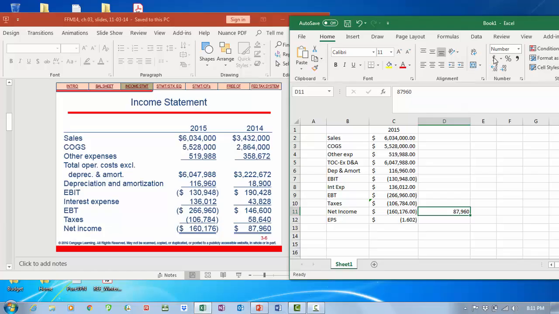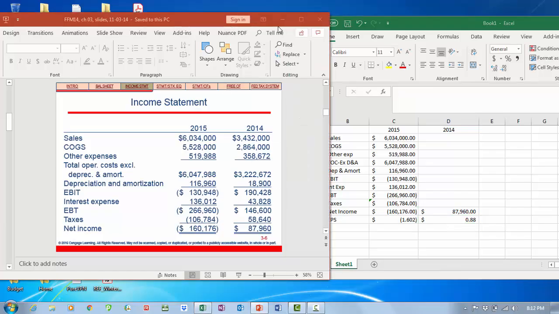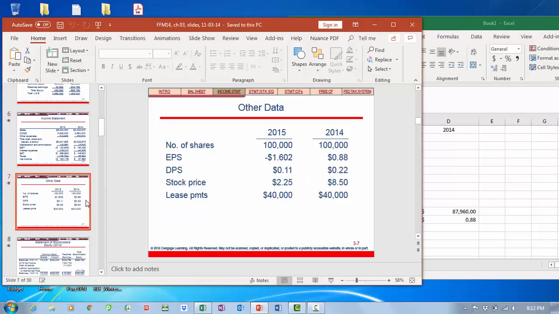Absolutely the reason why the shareholders are not happy, the board is not happy, because in 2014 you had an excellent positive net income, and now in 2015 you have a negative income. That means it's a loss. So for 2014 earnings per share is going to be again that number divided by 100,000, and that's 88 cents, as we have seen in the slide here.